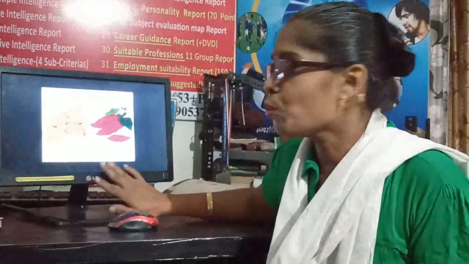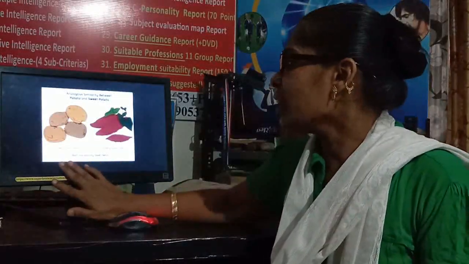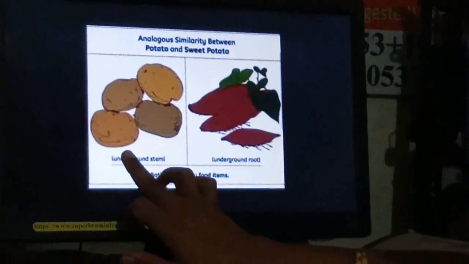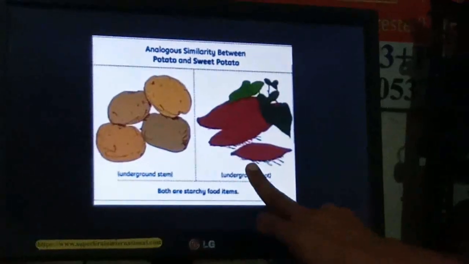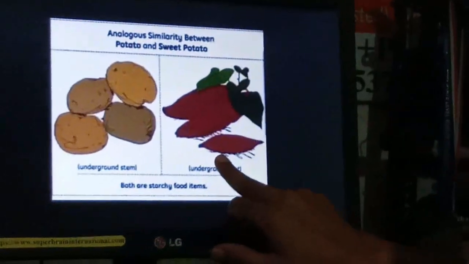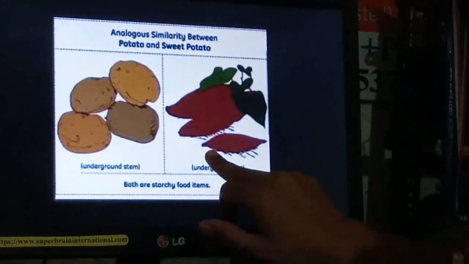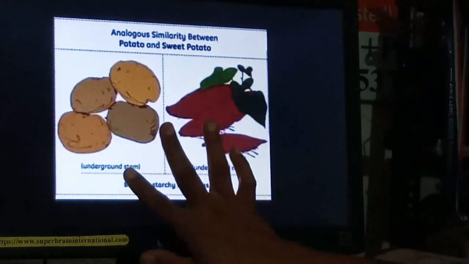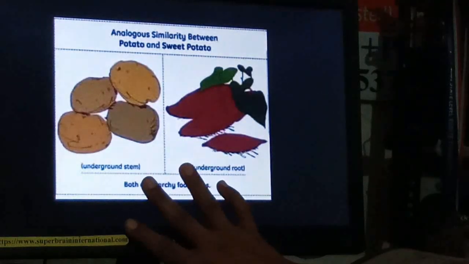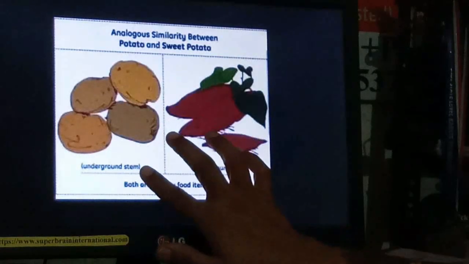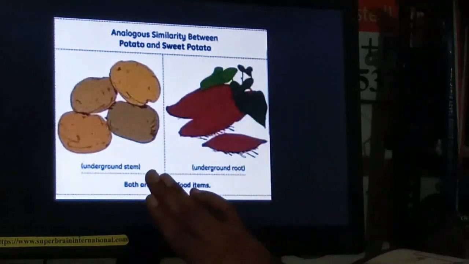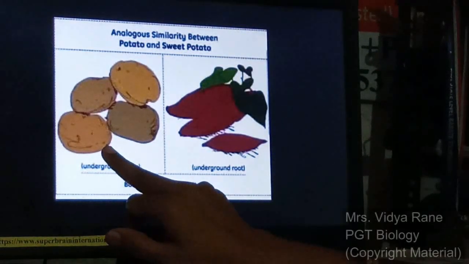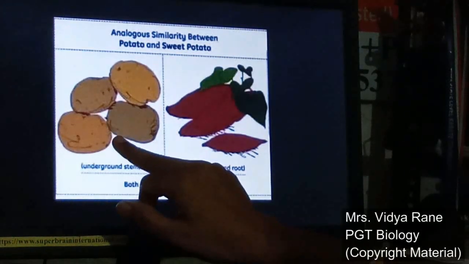In analogous, one more example is there. In the case of plants, this is the potato, you know that potato, and this is a sweet potato, right? Both are underground structures. Both have the function of storing food. The function is common, and both are underground structures, but these are modifications for the storage of food. This one is a stem modification.